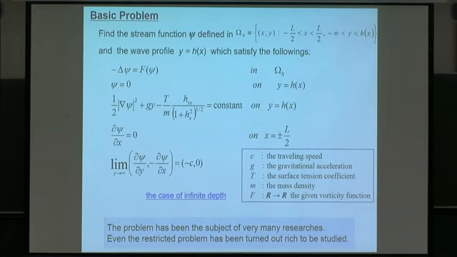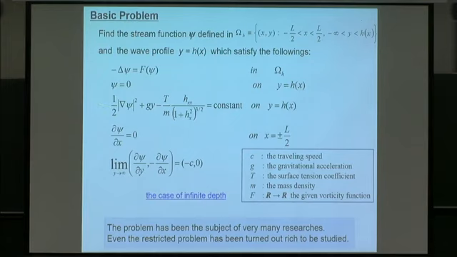The unknown functions are the stream function psi and the wave profile h(x), and the function f(psi) is the given vorticity function. So in the irrotational case, f equals 0.